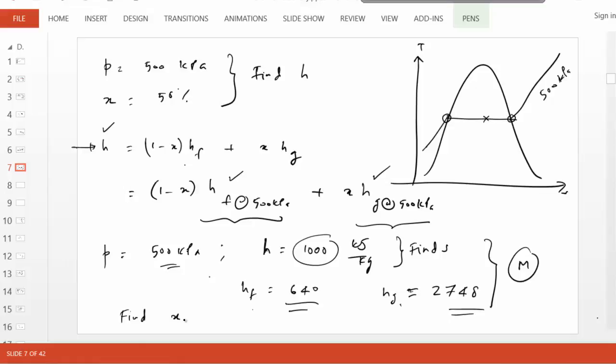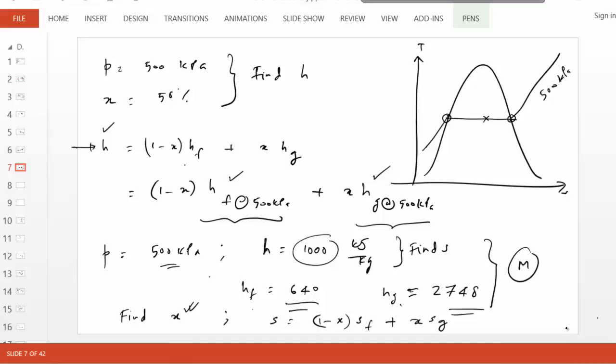So finding X is complete. Once you find X, now you find S from, again, the same template of a formula. Oh, sorry, not H in this case, it should be S, because we are trying to find entropy. And SF and Sg can be picked up, just like we picked up HF and Hg from the saturation pressure saturation table.